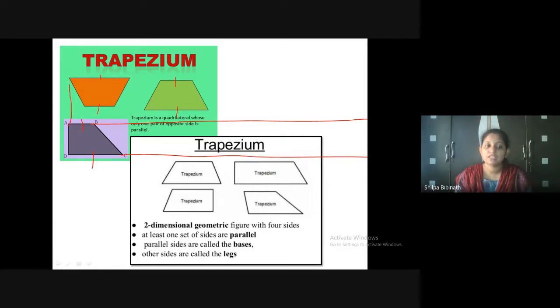If we extend them a little bit, they will intersect at a certain point. But one pair of opposite sides will never intersect. If you see such a shape, it is called a trapezium. At least one pair of sides is parallel, and the parallel sides are called bases, the other sides are called legs. That is for your information.